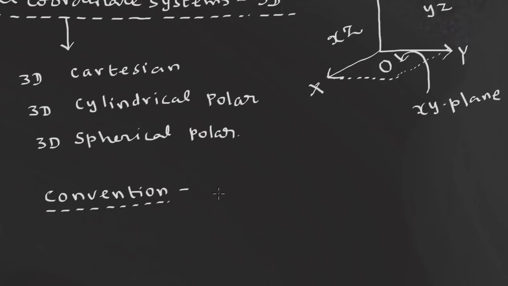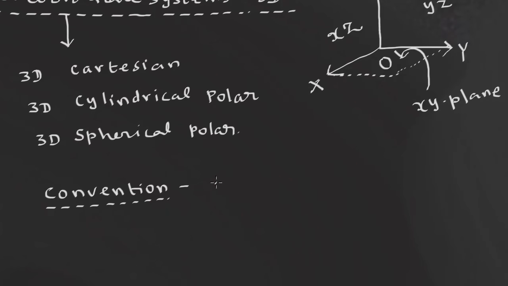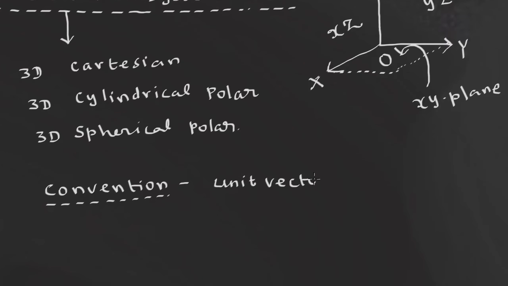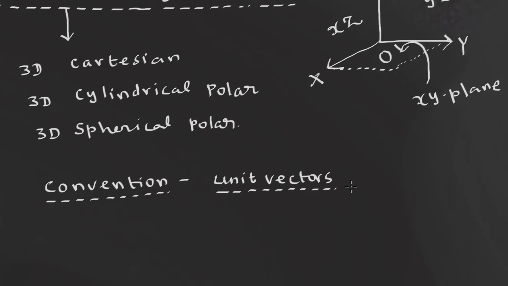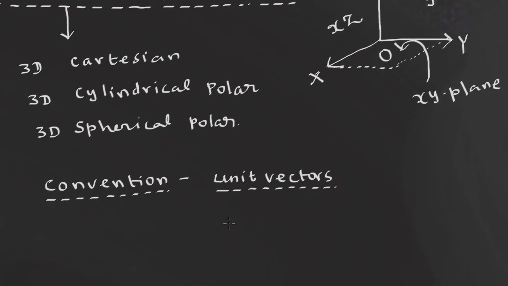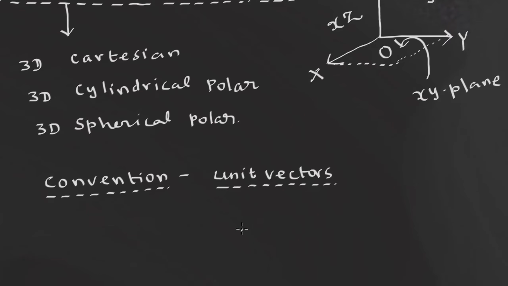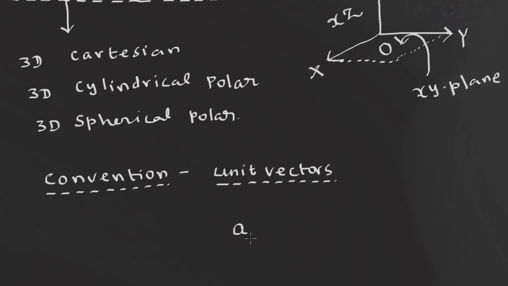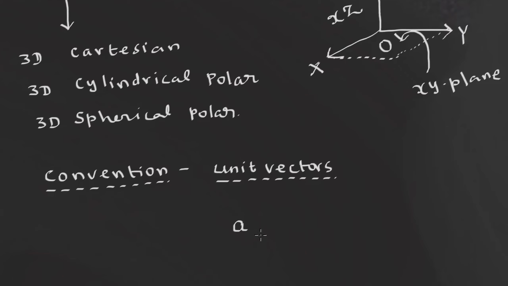In the case of the Cartesian, irrespective of whether it is Cartesian, cylindrical, etc., the first requirement is unit vectors. Unit vectors are very important in any of the coordinate systems that you are going to use. The standard notation, that is what is known as the convention, is to have A. A would be the standard notation for the unit vector, but then you have to put the suffix depending on what coordinate system you are using.